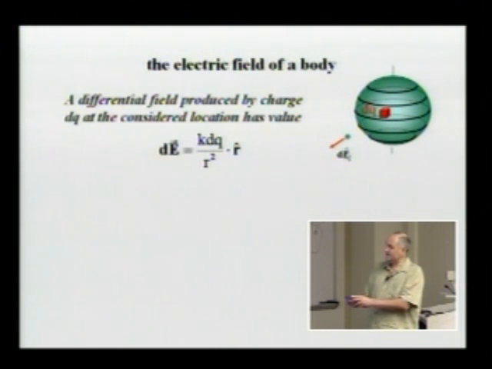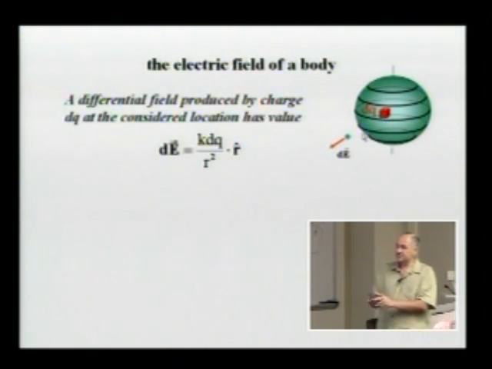Now we are talking about the differential field produced by a differential fragment of the body, which means dq, the differential charge of that body, divided by the distance from the piece to the point of interest squared, and the direction is consistent with the direction from the piece toward the considered point. So this is a unit vector heading from the piece toward the point of interest.